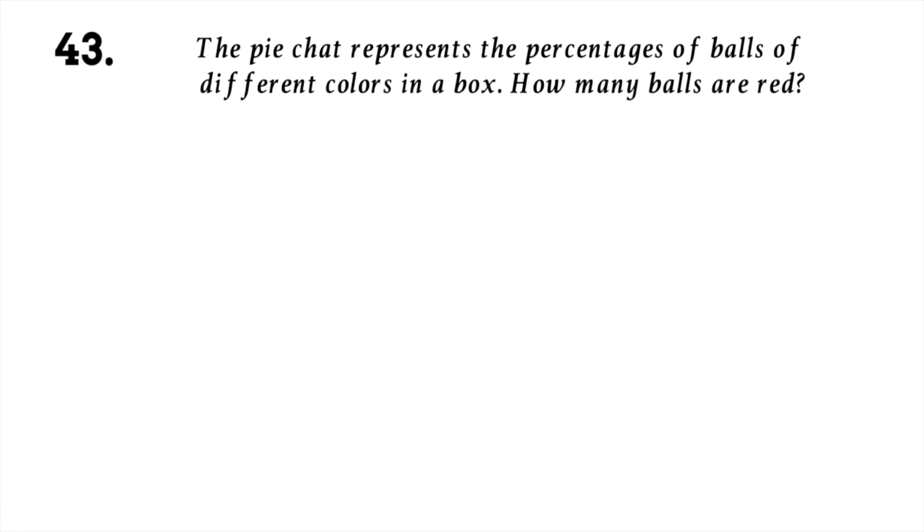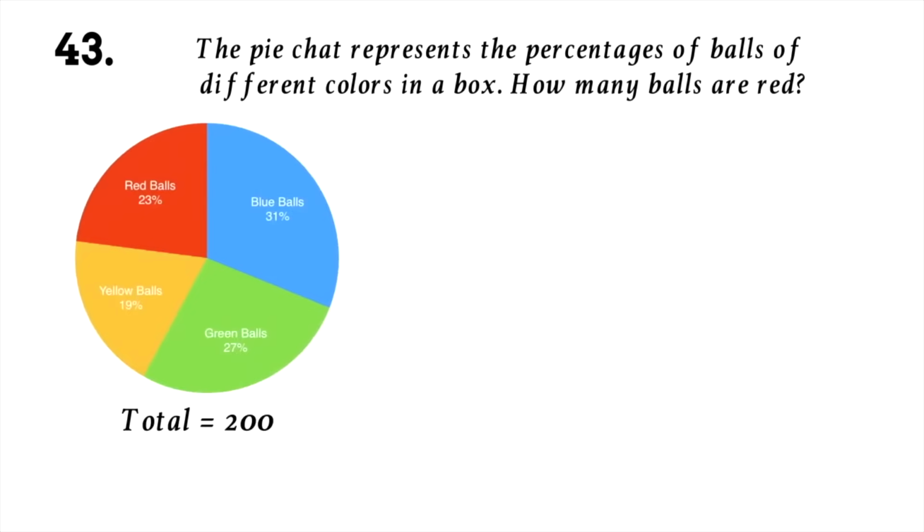Question 43. How many balls are red? This is the second common kind of pie chart question. Here, you are given percentages and asked to find the number or value.